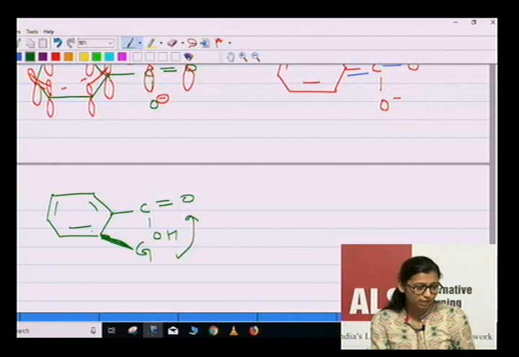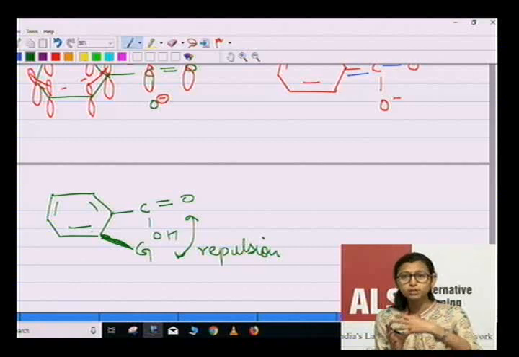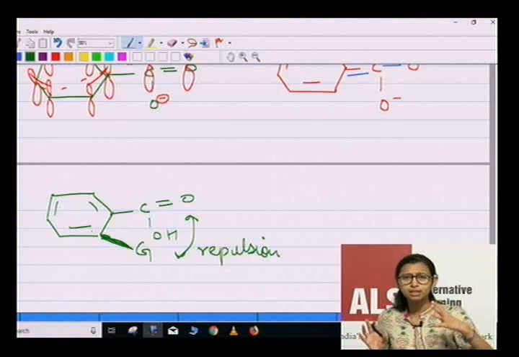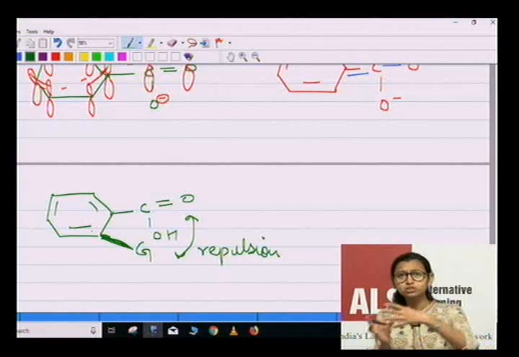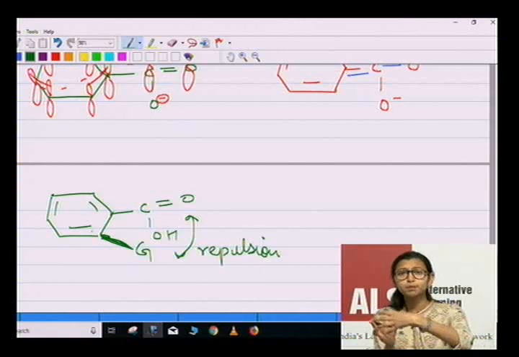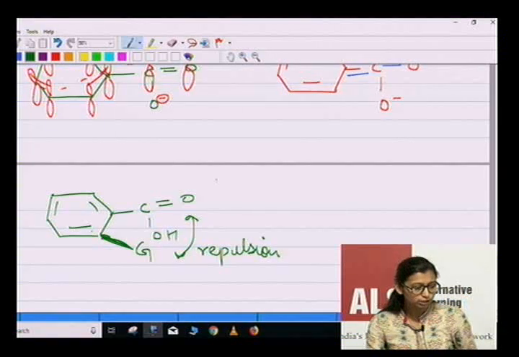So there will be a lot of repulsion between the carboxylic group and that G group. See, two people sitting so close to each other are not sitting comfortably, so obviously they will push each other. That repulsion causes the carboxylic group to go out of the plane.